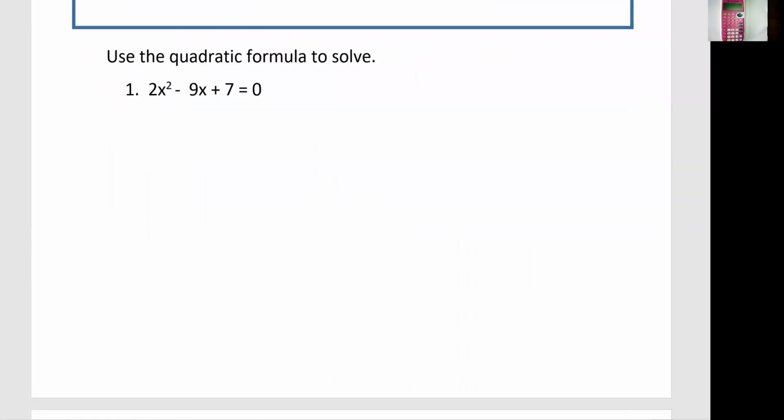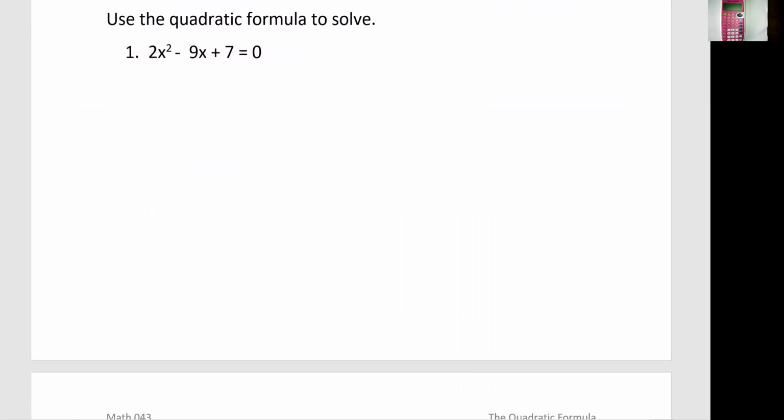So we will use the quadratic formula to solve. Again, we're just going to use substitution and substitute the coefficients into the formula. So x is equal to a negative b.